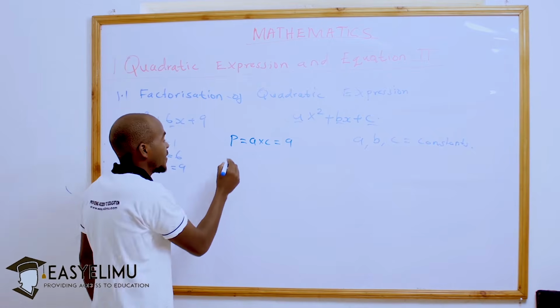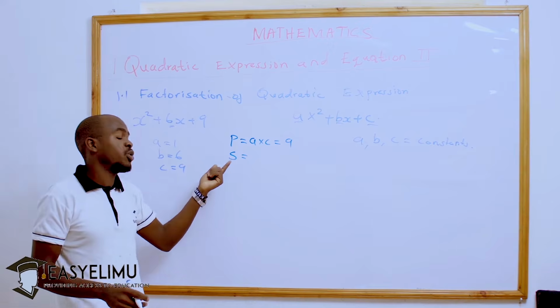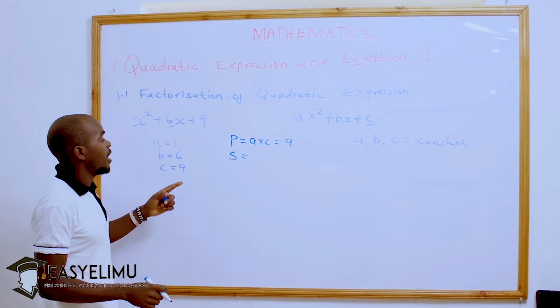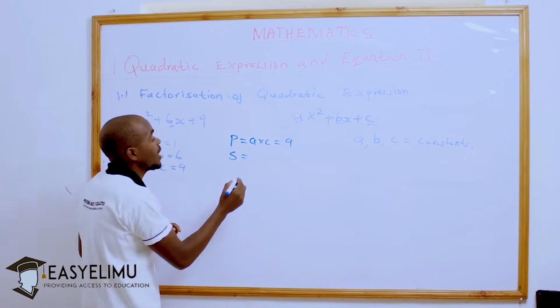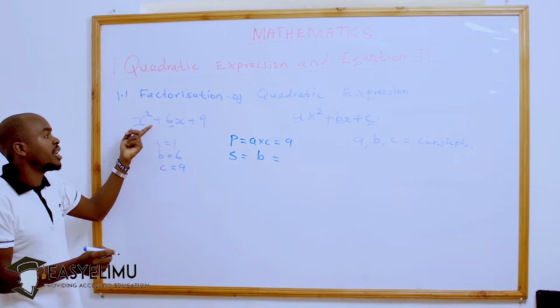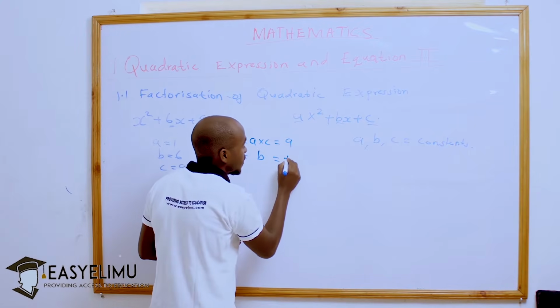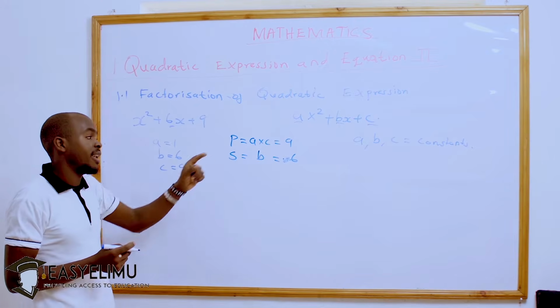And the sum of those two numbers, which I represent by S, gives the value of b, which here is positive 6. The product is also 9.